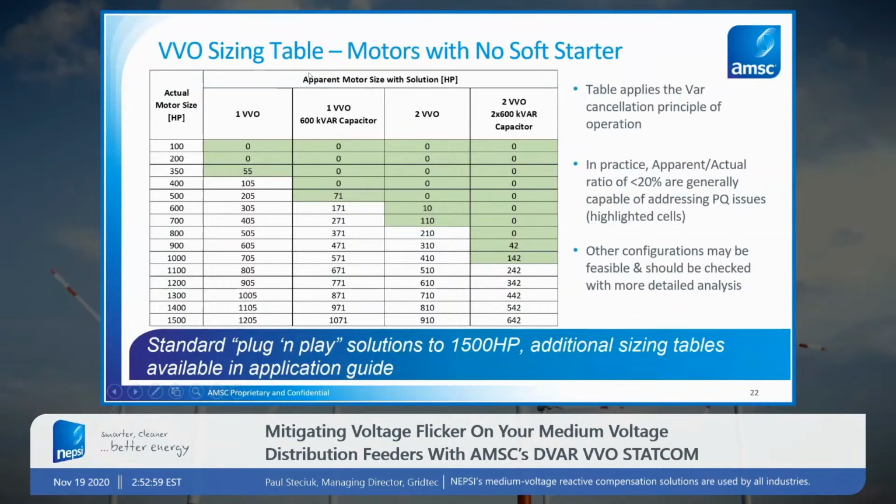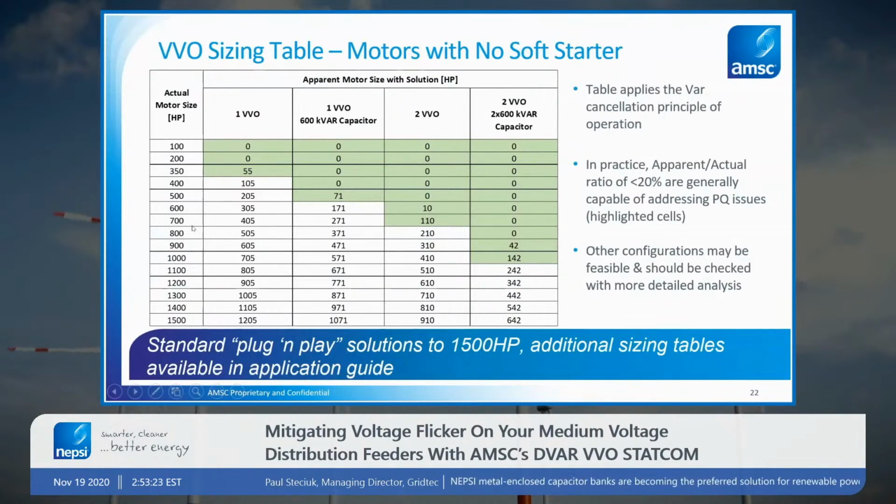We introduced this idea of apparent motor size with the solution. So the STATCOM cancels out the reactive power during crush. It actually has the effect of making that motor look smaller than it is. And so values in this table are what we call the apparent size of the motor given the solution that's installed.